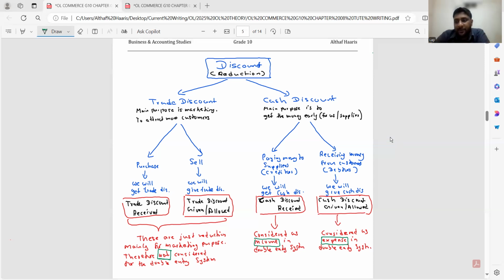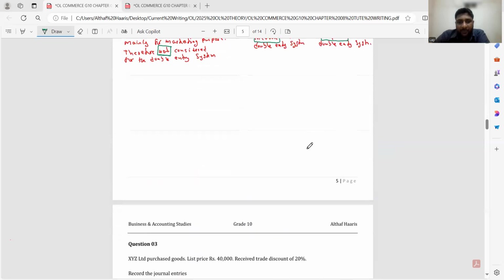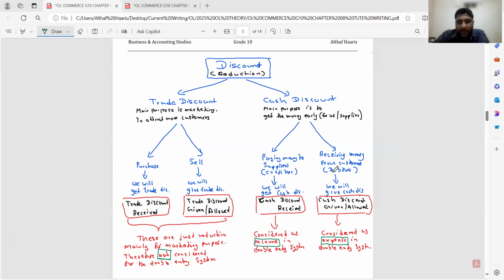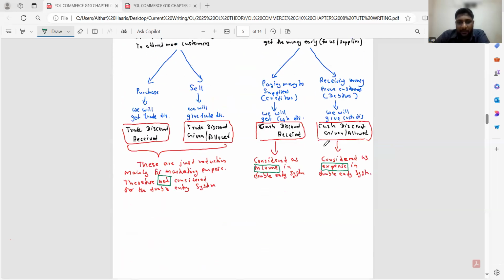You can write it in the tute itself, no? In the tute, page number 5, I have kept this space. The complete page is there, so you can use the complete page and write it.